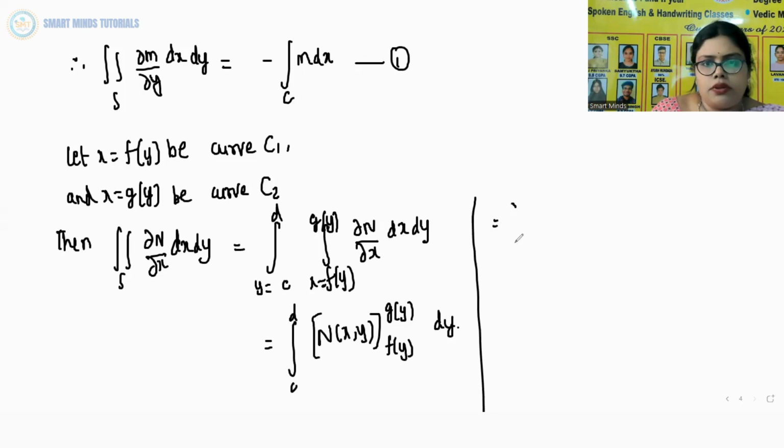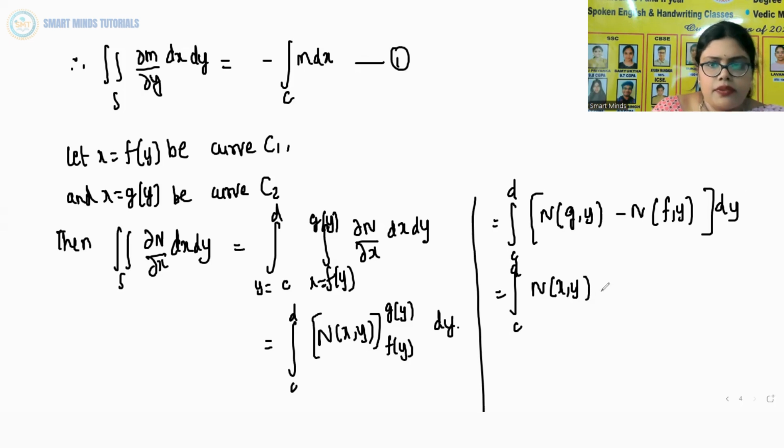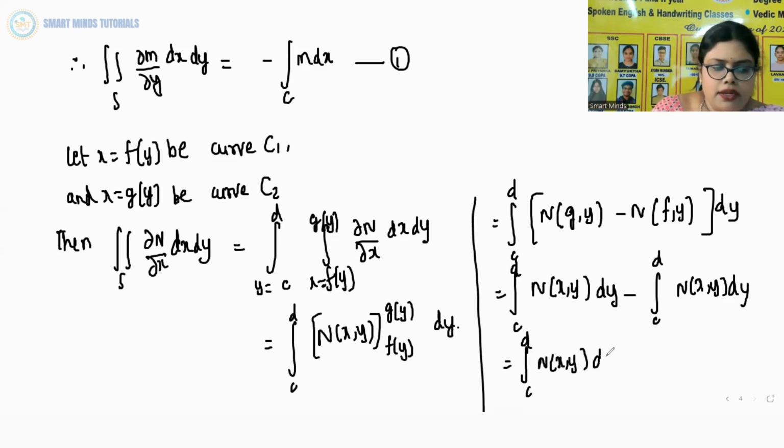So that is equal to the integral c to d. Now we apply upper limit minus lower limit. In the place of x we put g of y, so N of g comma y minus N of f comma y, dy. Now that is equal to the integral c to d of N(g(y), y) dy minus the integral c to d of N(f(y), y) dy.